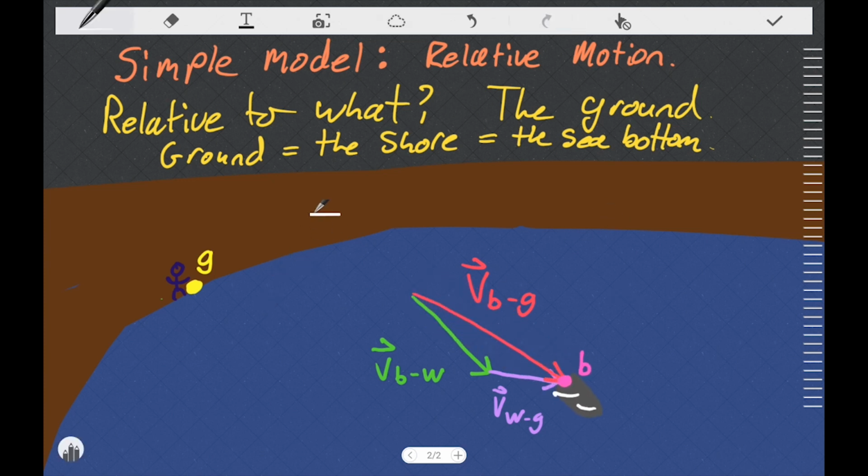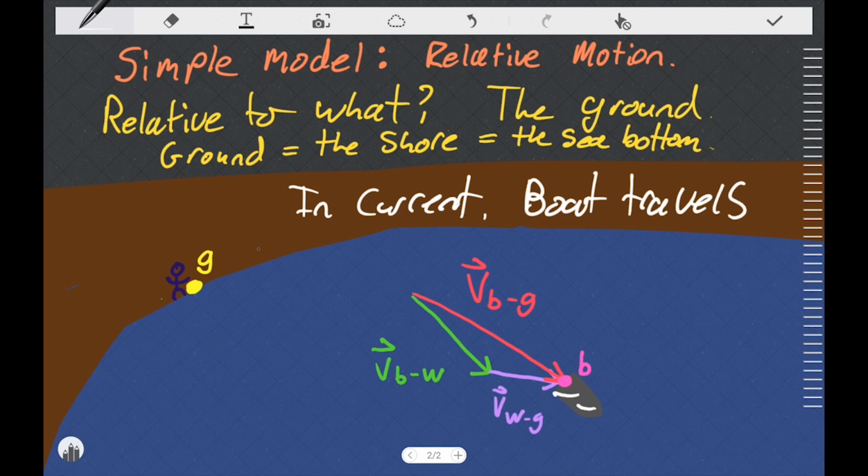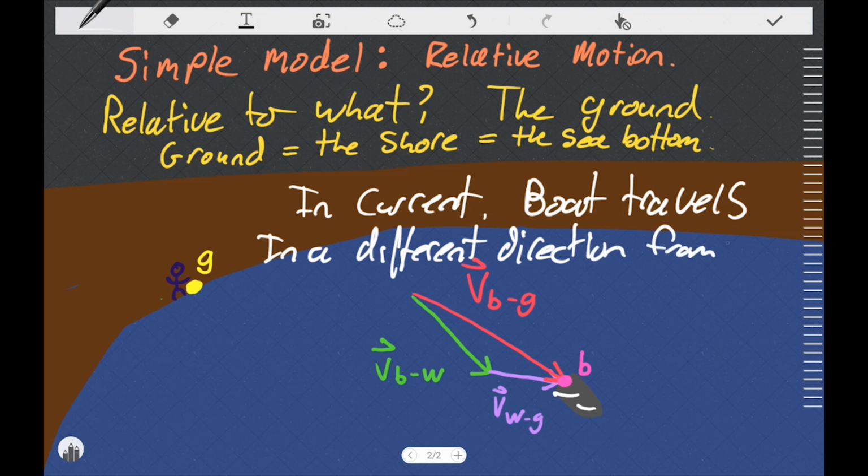So something that we can take away from the direction that these arrows are pointing in is, if we remember that the green arrow was pointing in line with the bow of the boat, but the boat traveled along the red arrow, the boat is going to travel in a different direction from the direction where its bow is pointing in a situation where we have current.